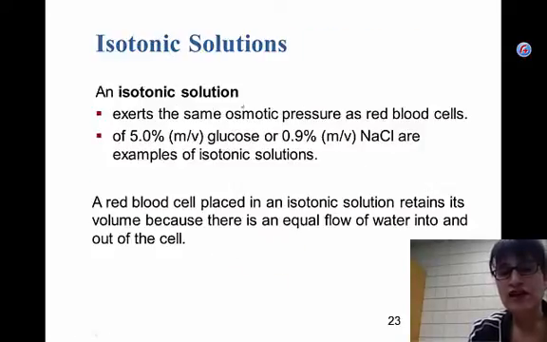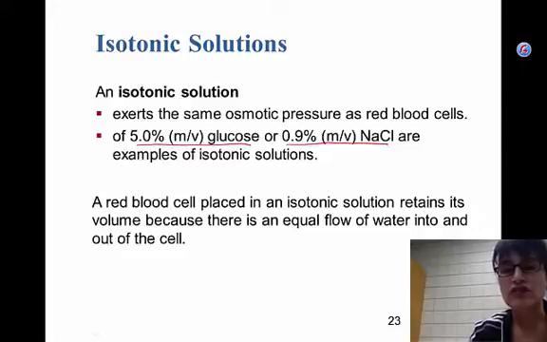If we have an isotonic solution, then that means the osmotic pressure in and outside the cell is the same. And in that case, we're going to have an equal flow of water in and out of my red blood cell. And for isotonic, that means it's going to be at 5% glucose or 0.9% salt. So 0.9% sodium chloride and 5% glucose.